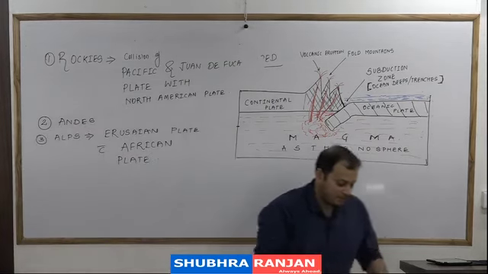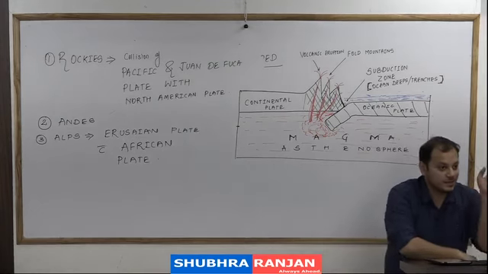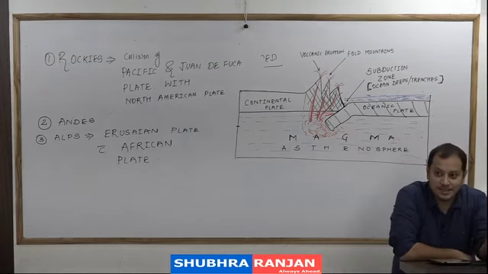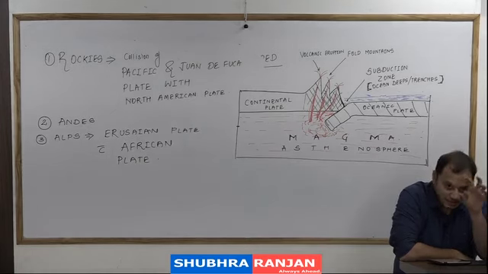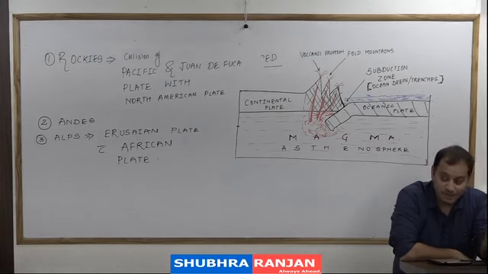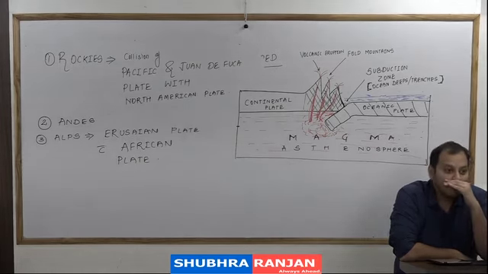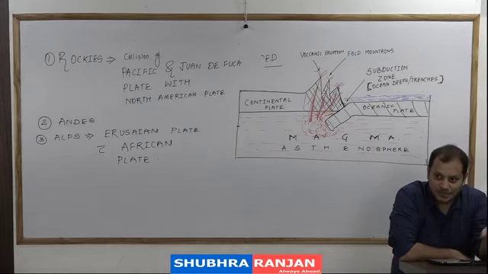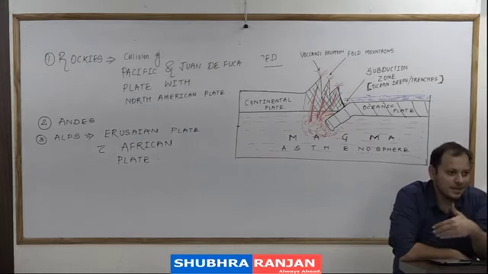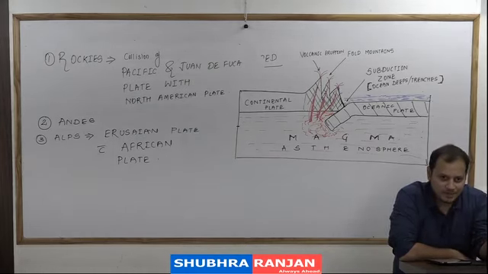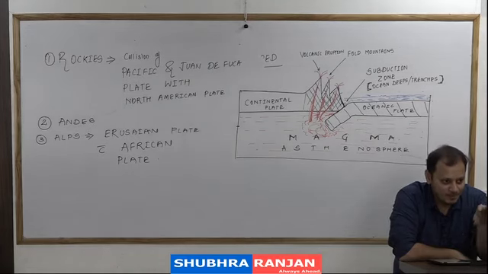But this part of the African plate has oceanic crust, which is known as the Mediterranean Sea, which is nothing but the old Tethys Sea, and therefore it is an ocean-continent collision. When the Mediterranean Sea is destroyed, just like the Indian plate, the African plate will also destroy the Tethys. Then it will become a continent collision. But as of now it is an ocean-continent collision.